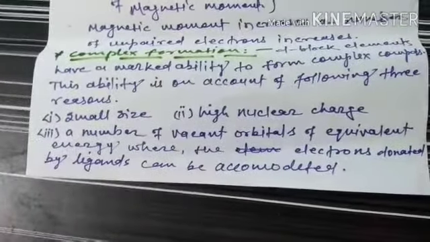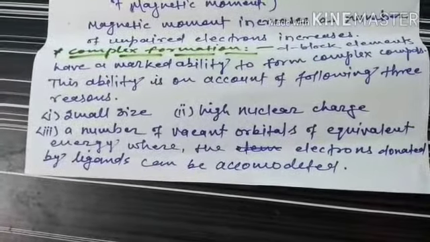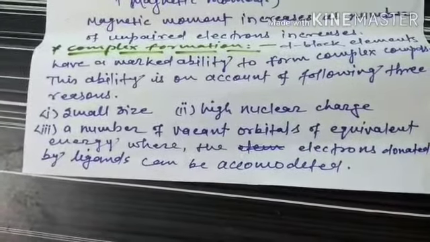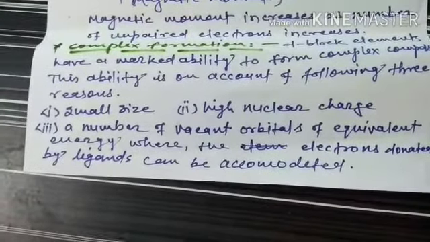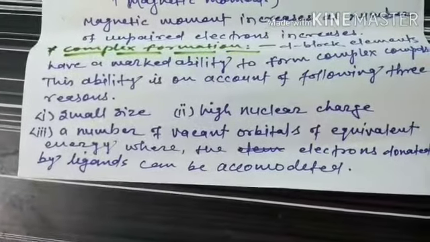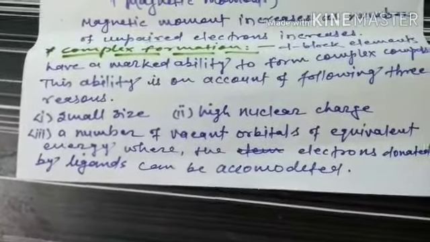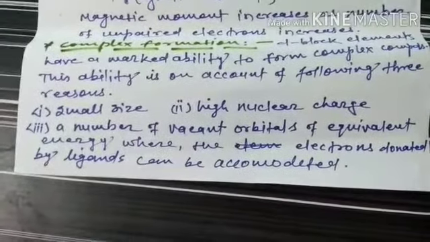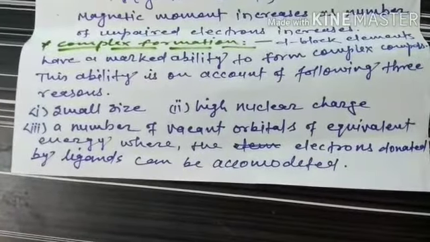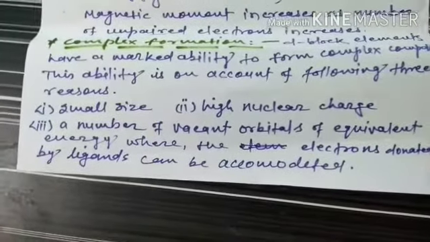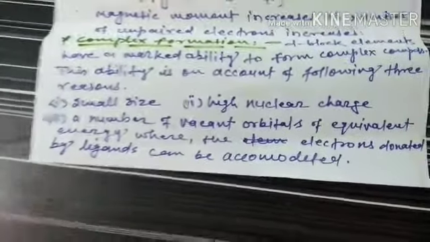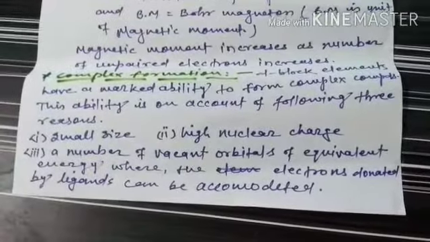So dear students, these are the reasons for complex formation of d block elements. D block elements have a marked ability to form complex compounds on account of three reasons.